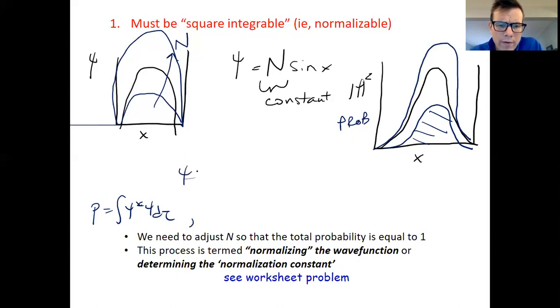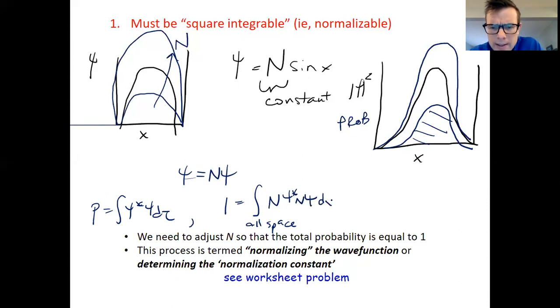If I have a wave function which looks like this, a normalization constant times psi, and I integrate over all possible values, which I'm just going to call all space, I get the integral of n psi star n psi dx in this case.